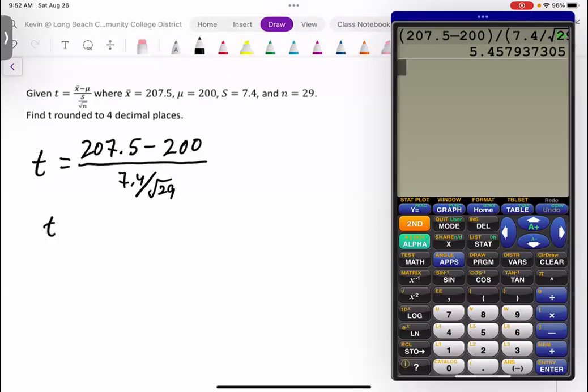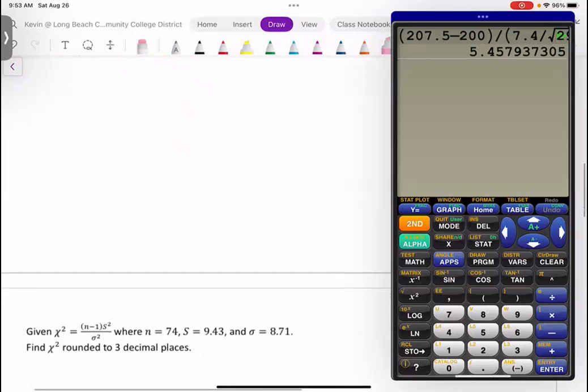So t is approximately equal to 5.4579. And that is my final answer. Let's move on to the next part.